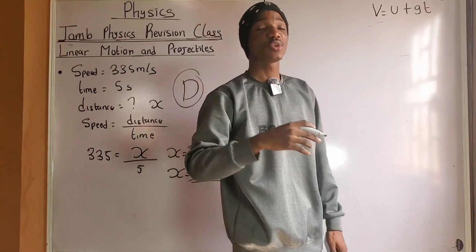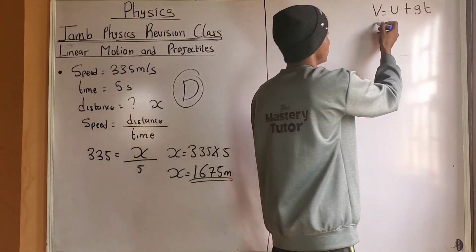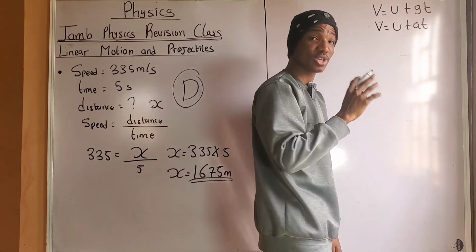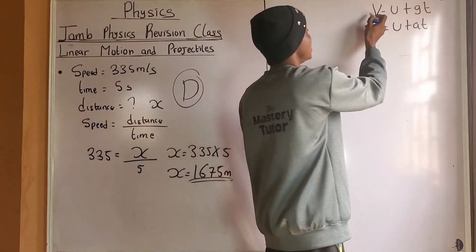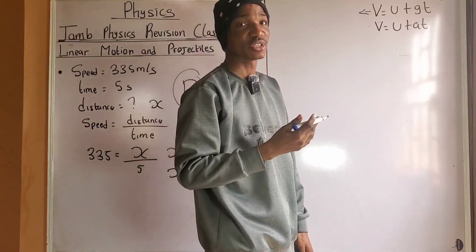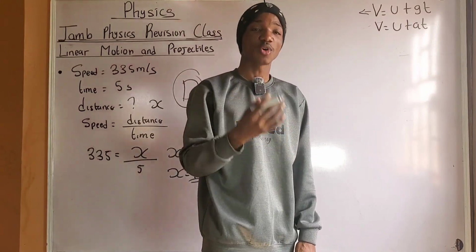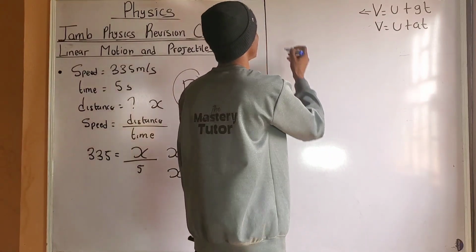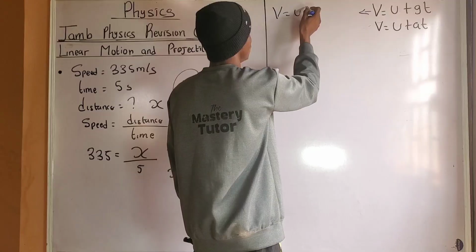Okay? Now, you know, equation of linear motion is V equals to U plus AT, right? For linear motion. Now, here it is motion under gravity. Gravitational motion. Motion of an object acted upon by the force of gravity. Are you getting it? So the equation of linear motion is V equals to U plus AT.